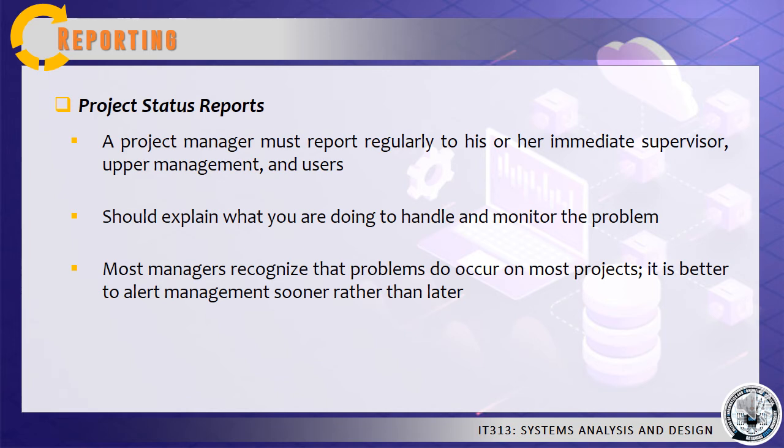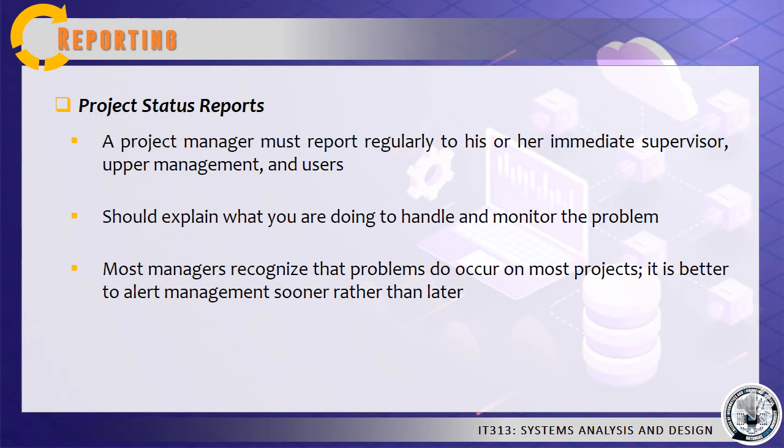Deciding how to handle potential problems can be difficult. At what point should you inform management about the possibility of cost overruns, schedule delays, or technical problems? At one extreme is the overly cautious project manager who alerts management to every potential snag and slight delay.